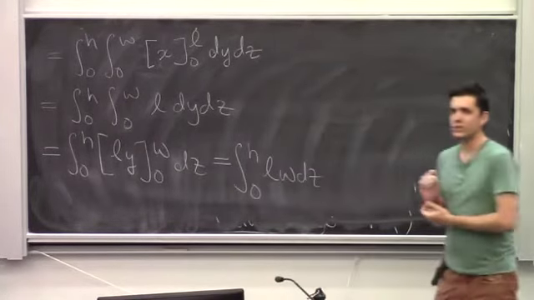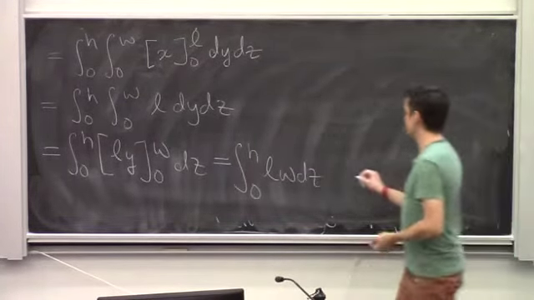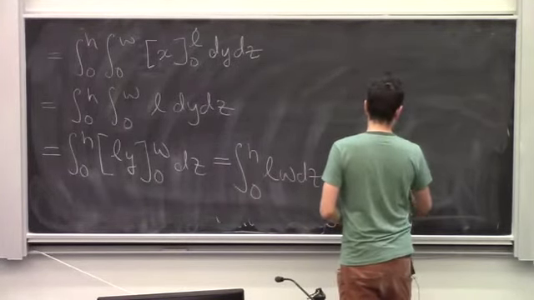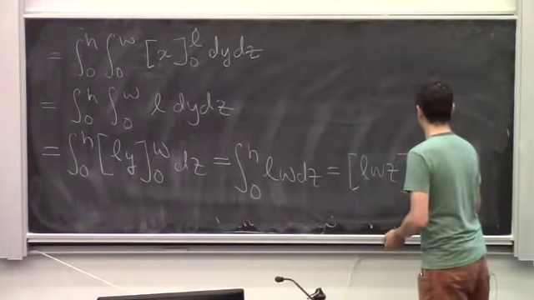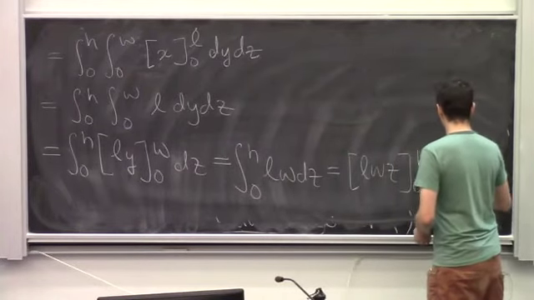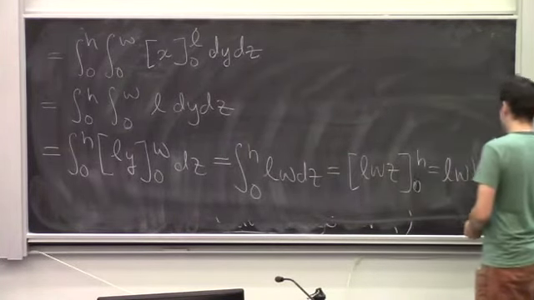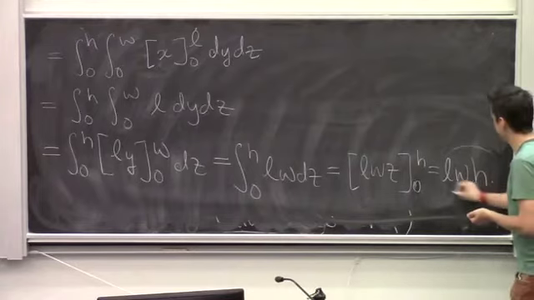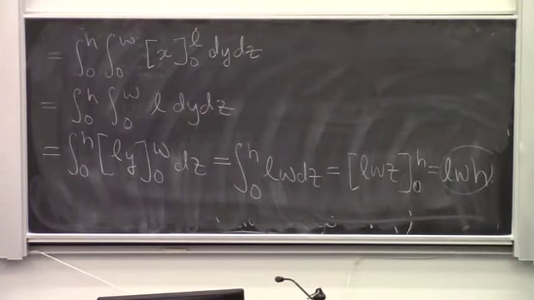And now we take the antiderivative in the z direction. And we get the formula we were expecting, length times width times height. Okay, so triple integrals, very much the same thing as double.